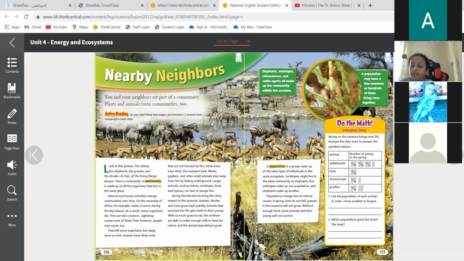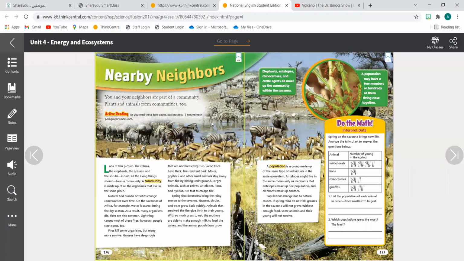All right, let's talk about what a community is and what a population is. If I have only one zebra, I'm talking about an organism. But if I'm talking about a group of zebras and only zebras, I'm talking about a population, because they are all made of the same kind, the population of zebras.